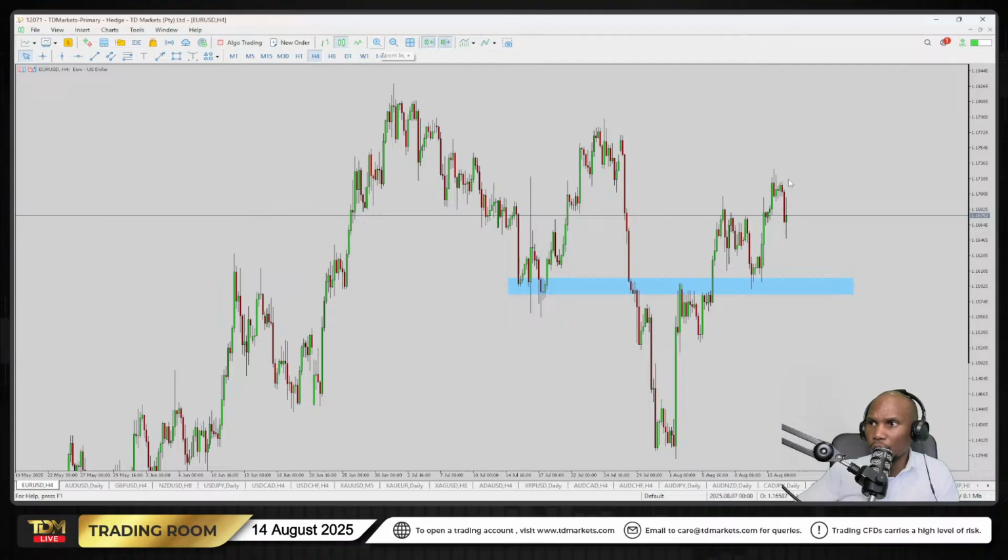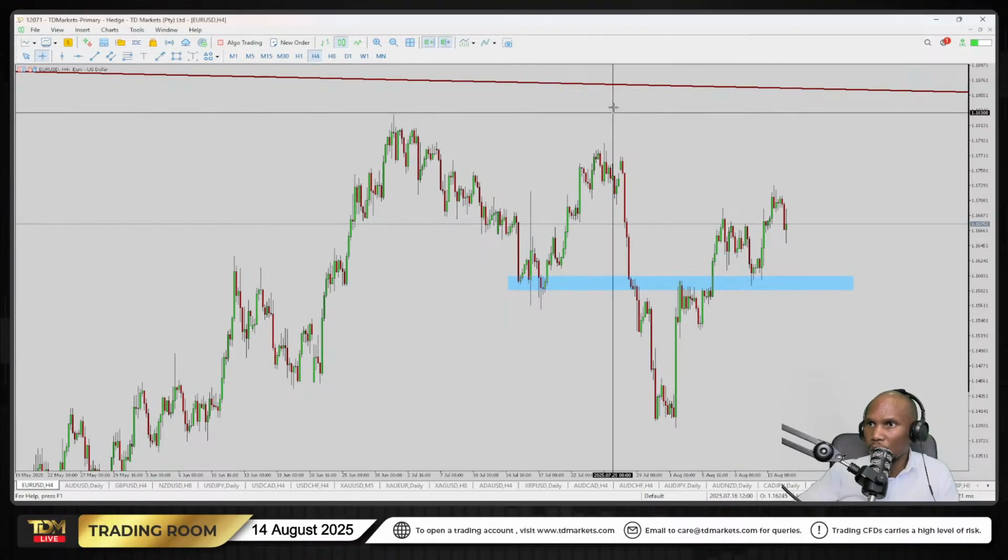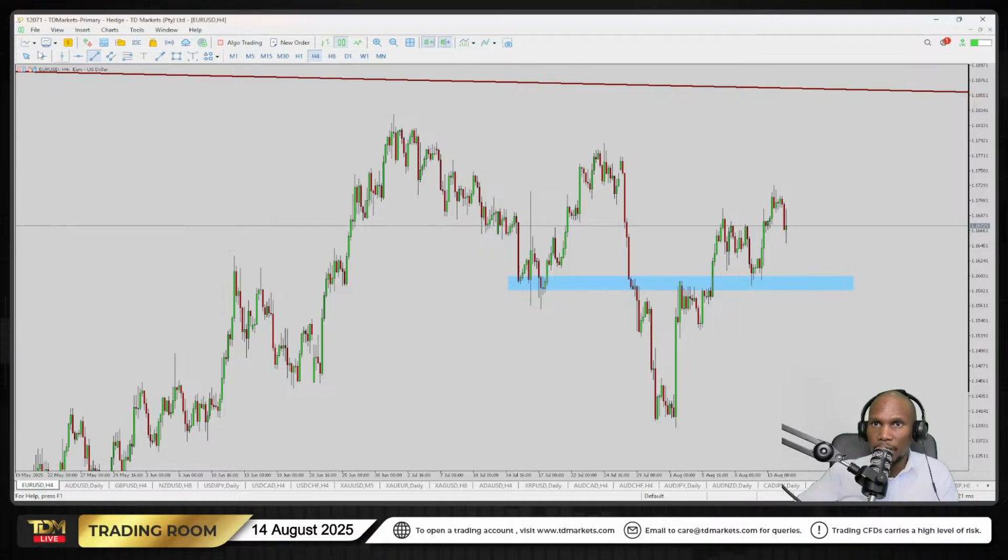Okay, so Euro USD, because it's at the top, looking at this, it's creating a lower high here. You've got this lower high from that high. You will notice that it's either on the trend line or it's going there. So this is now the structure.